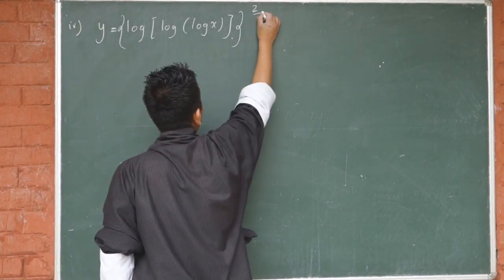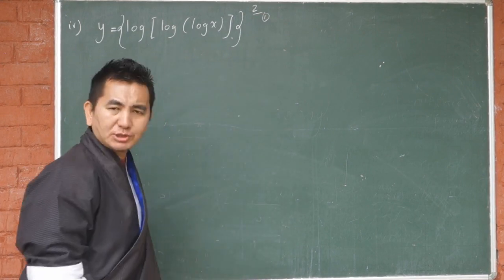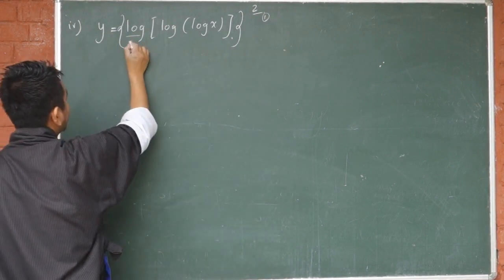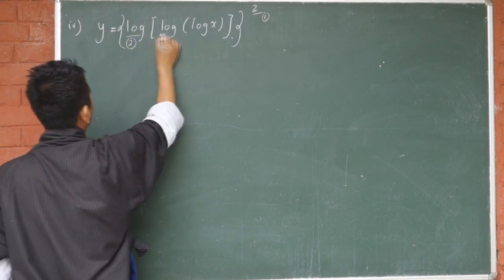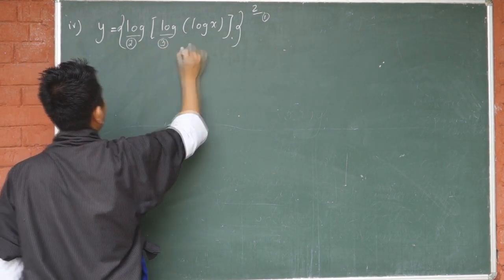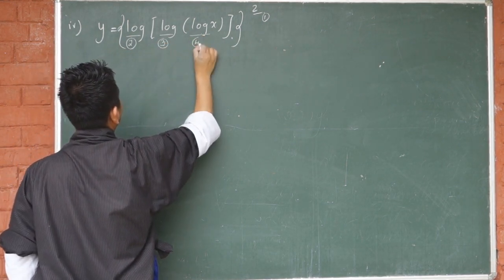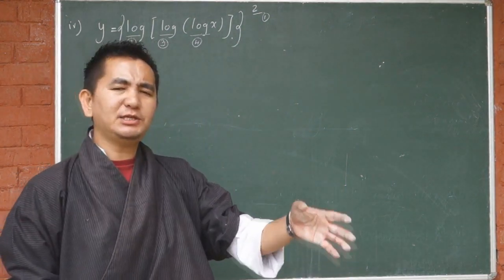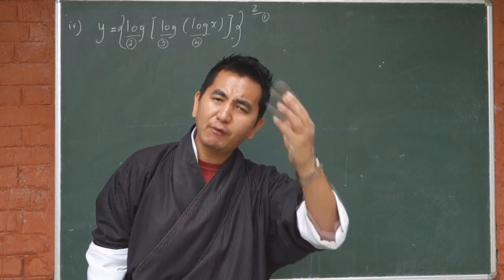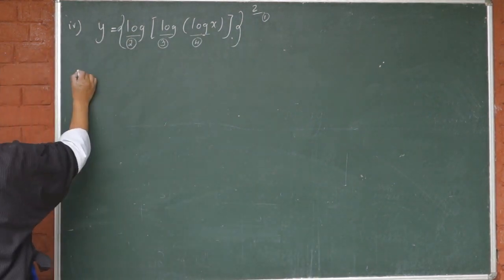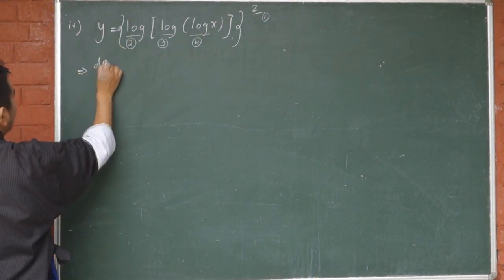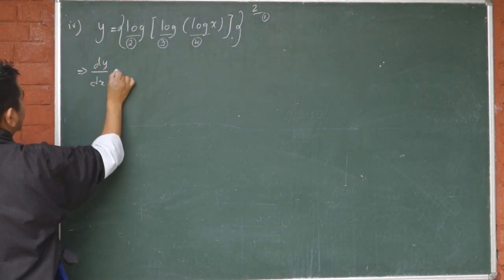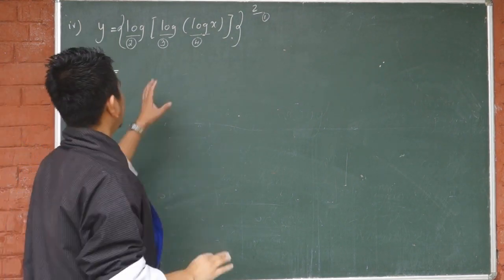We have 1, which is the outermost, then 2, then 3, and then finally log x. We have a total of 4 functions. So which means if you have 4 functions, you differentiate 4 times. Therefore, dy by dx is equal to, the logic remains the same.